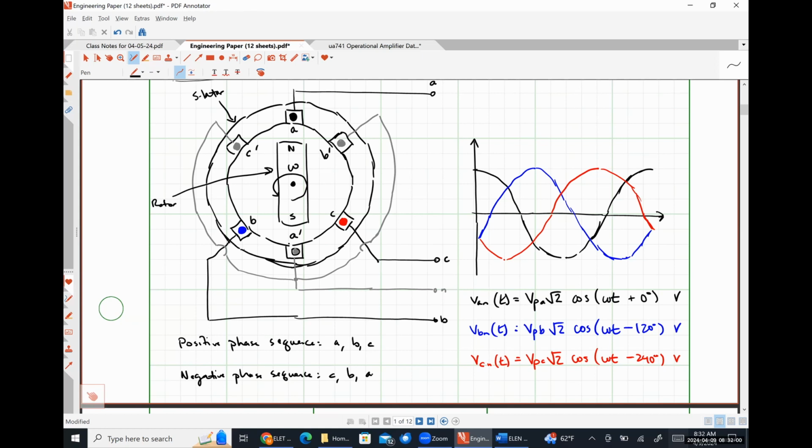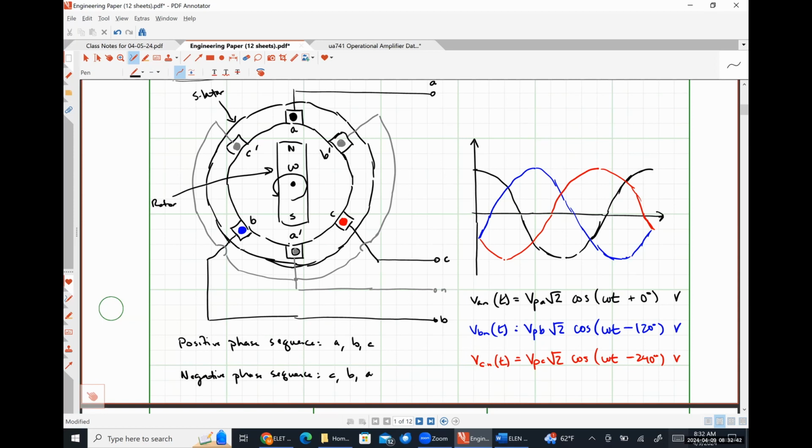And that would make, instead of B lagging A by 120 degrees and C lagging B by 120 degrees, we would see that C leads B by 120 and B leads A by 120. Effectively we would have this exact same system, but the signs on our phase angles would be opposite. That's all that would change if we spun our motor in the opposite direction. And because that's the only change that we would see, we are going to deal exclusively with positive phase sequences in this class, with the understanding that if we just change the direction of rotation, we have a negative phase sequence system. Okay.